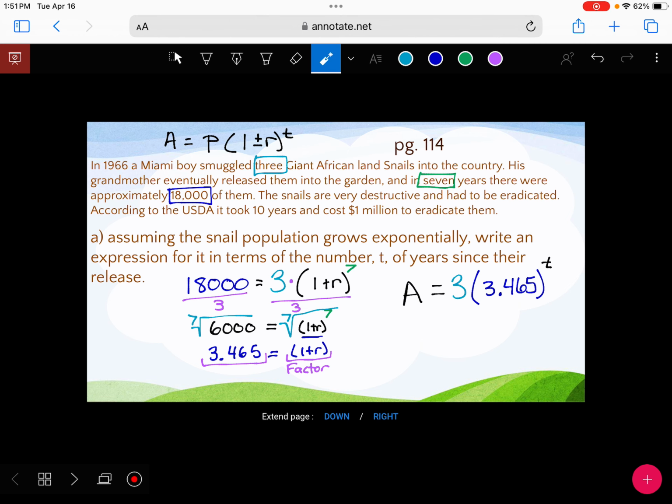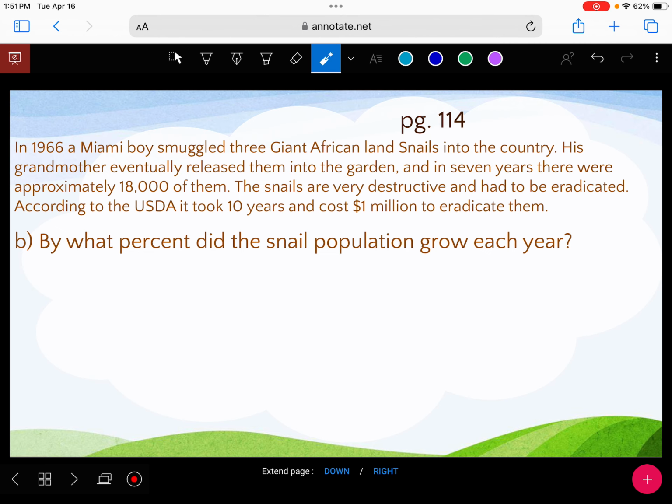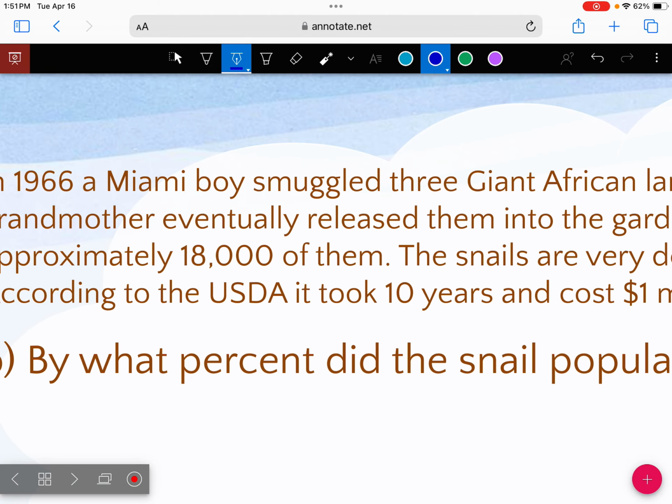Okay. So then we're going to look at part B. By what percent did it grow each year? So that's the equation that we worked on in the last one.